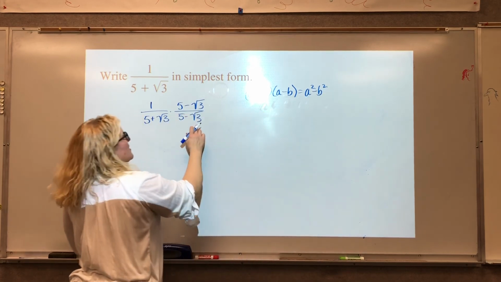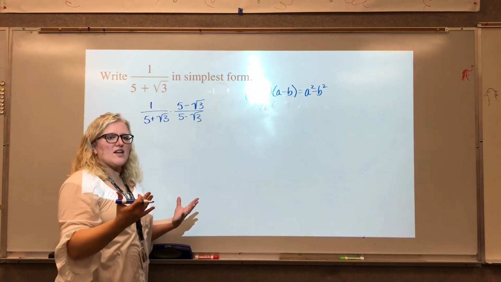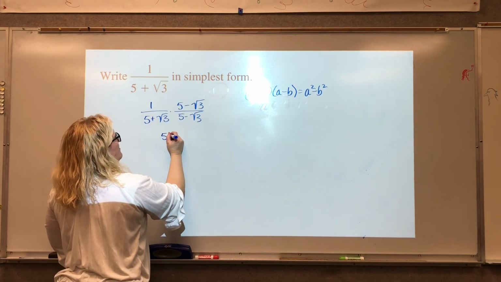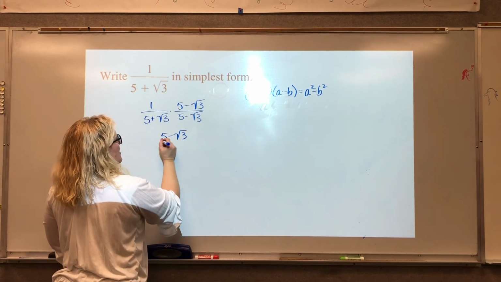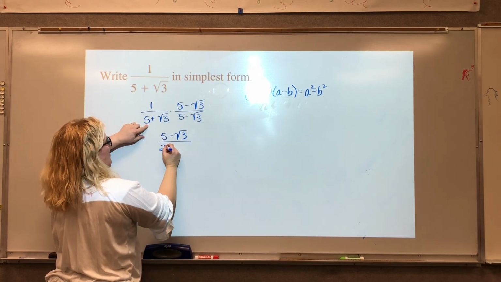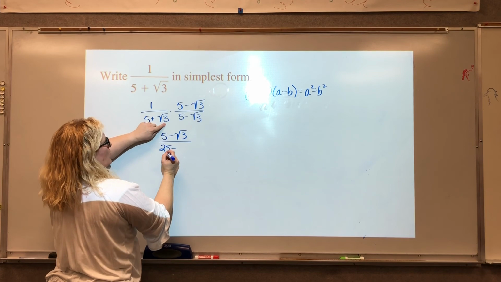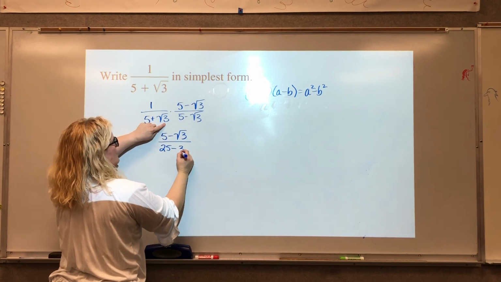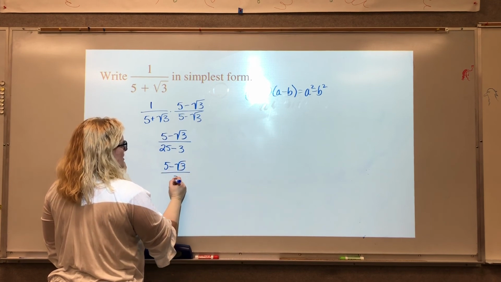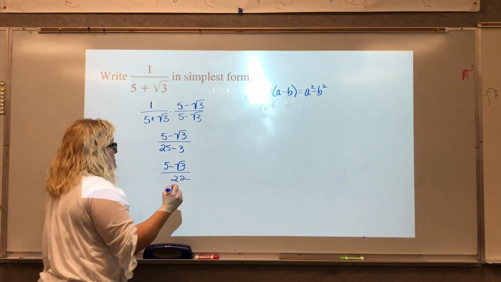And this is nice because when I square this, the radical goes away. So when I multiply the top, I have 5 minus the square root of 3. And on the bottom, I have 5 squared, 25, minus the square root of 3 squared, which is 3. So I have 5 minus the square root of 3 over 22 as the answer to that one.